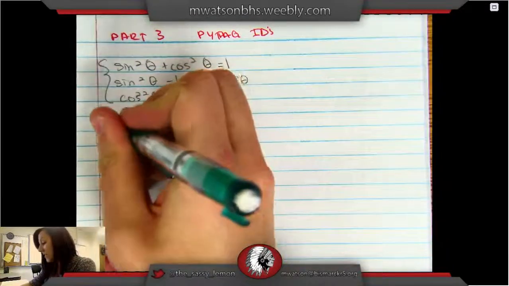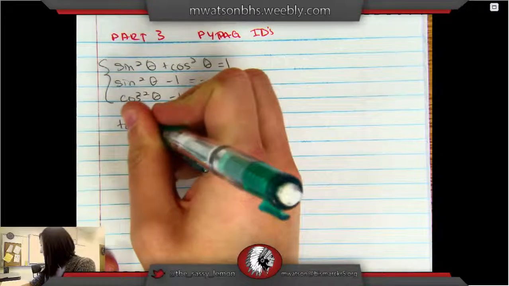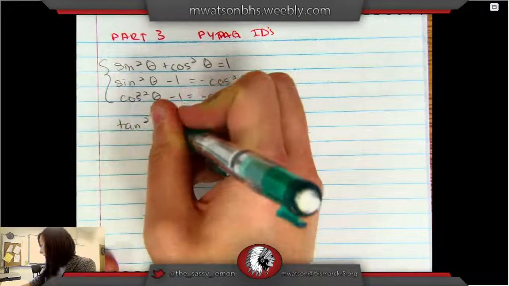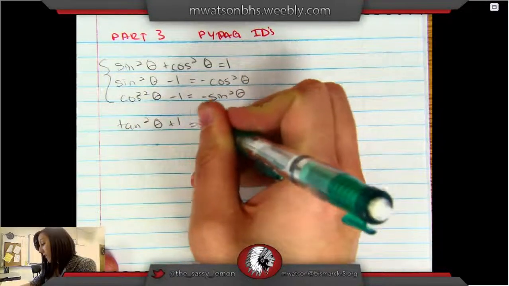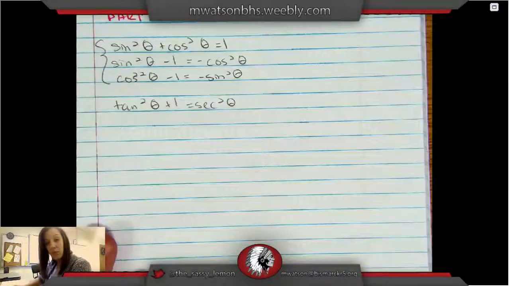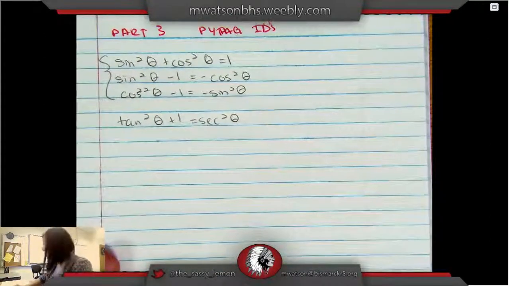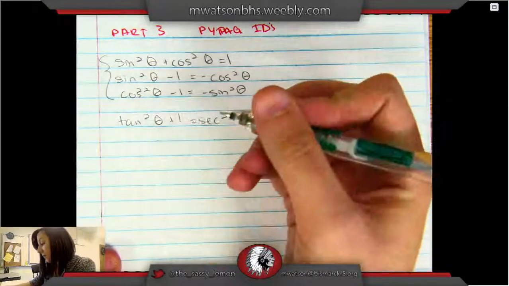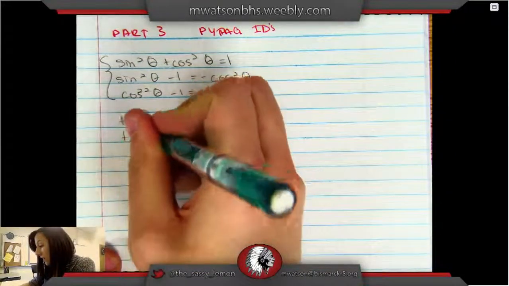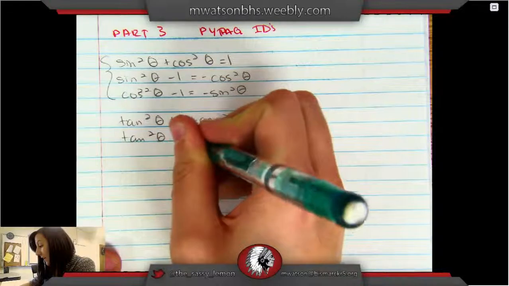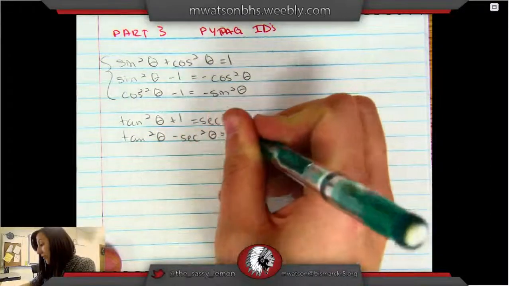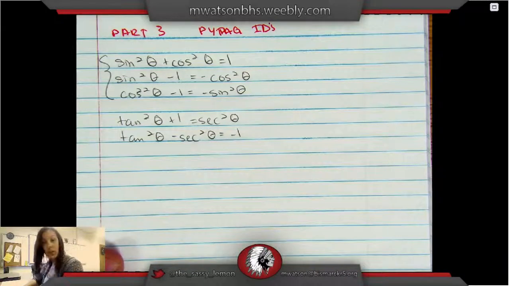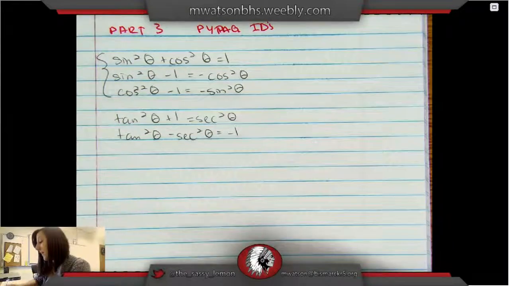So for the tangent identity, tangent squared theta plus 1 equals secant squared theta. You can manipulate this, move everything around so that you have, say, tangent squared theta minus secant squared theta equals negative 1. You guys might have seen that before, like on a test.